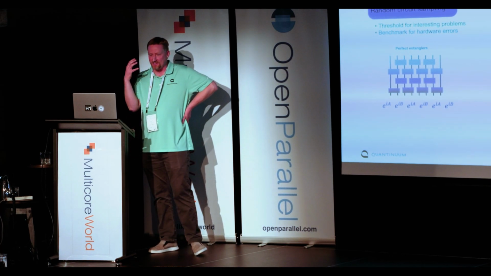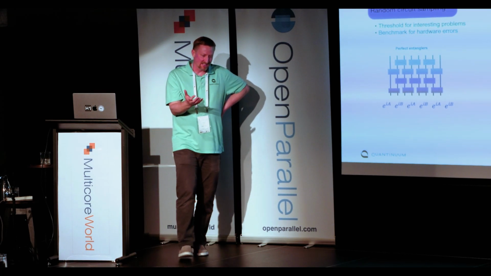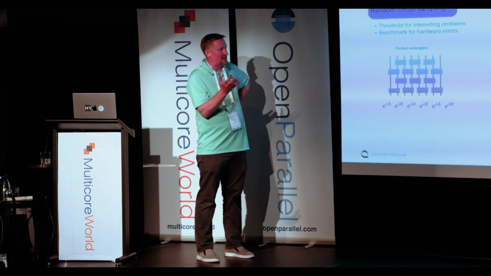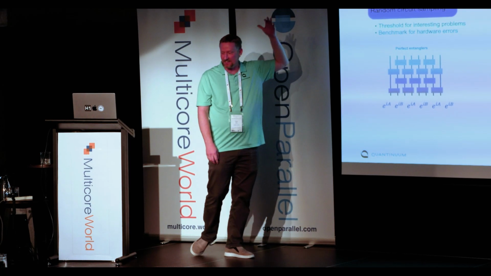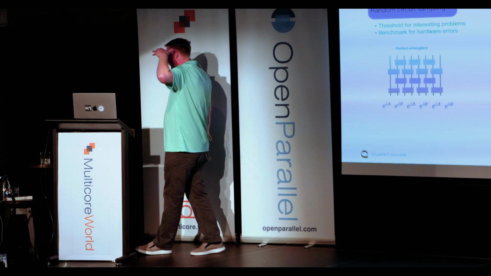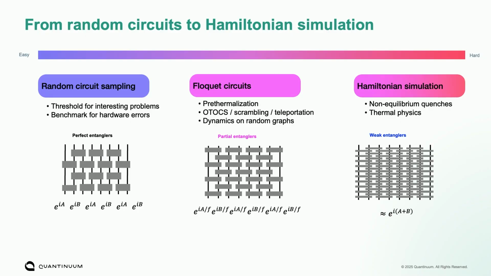But here we're just thinking about trying to do a physics problem, right? A real physics problem that you can't do on any classical computer, but maybe you can solve on a quantum computer. And it goes back to this idea of, all of a sudden I have 100 two-level quantum systems, and if they're highly entangled, it's impossible to simulate with a classical computer, right? And so here you're doing a Hamiltonian simulation.